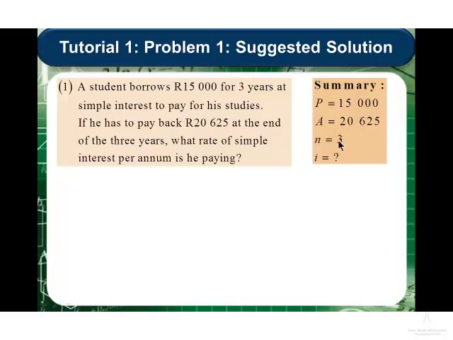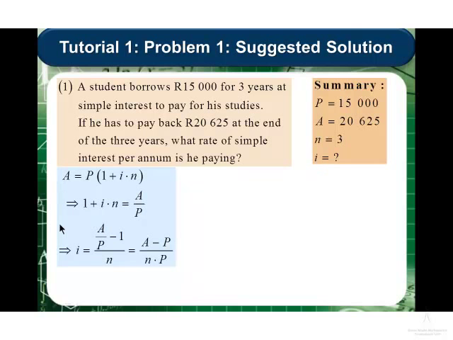And we're interested here to actually calculate the value of i, which interest was in effect here, simple interest in this case. So we need to be careful here. We start with our very basic growth formula for simple interest, but we have to make i the subject of the formula.